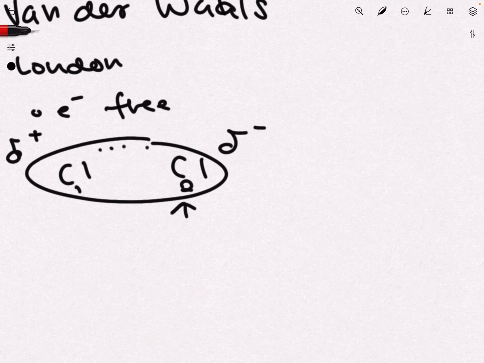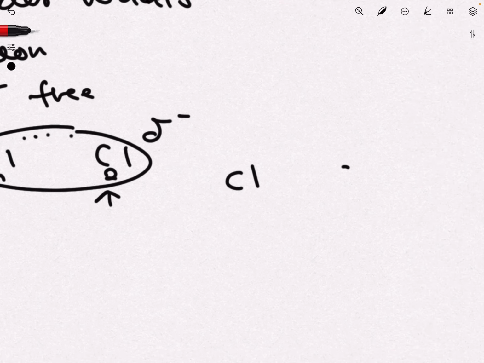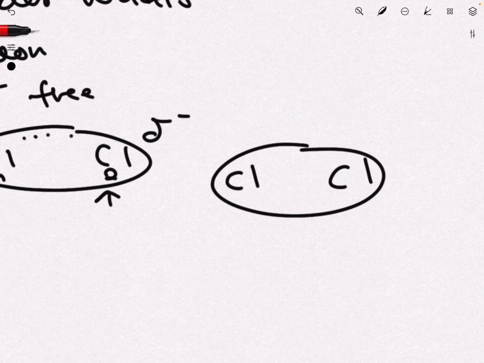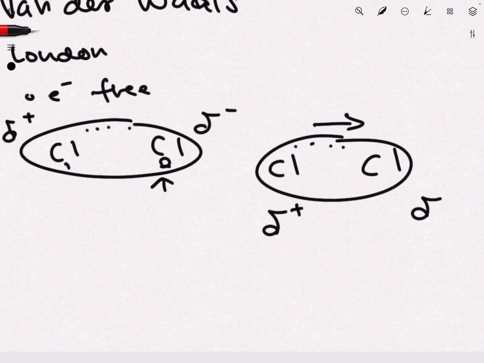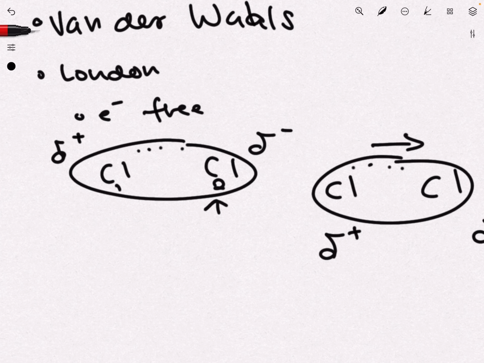So say if we had another chlorine over here, the electronegativity over here could pull the electrons to that side of the bond over there, as they are quite close to each other, and this is an instantaneously polar molecule.